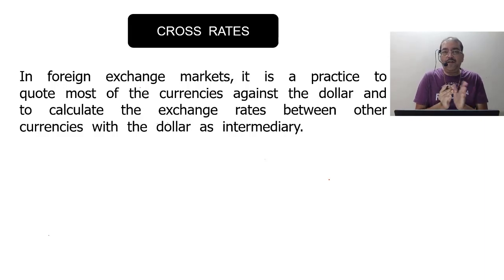If both are ending in the same currency, then bid into reciprocal of ask, ask into reciprocal of bid. These are the basic things that we have to really master in Forex.